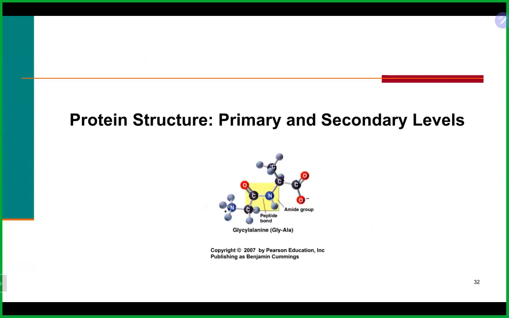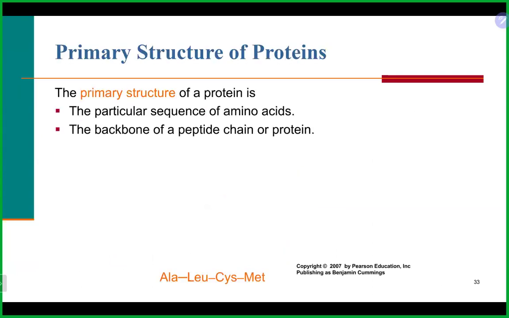All right, let's talk a little bit about protein structure. There are primary and secondary levels of protein structure. The primary structure of a protein is the amino acid sequence, and depending on the sequence of amino acids present, it will code, for example, different types of proteins.